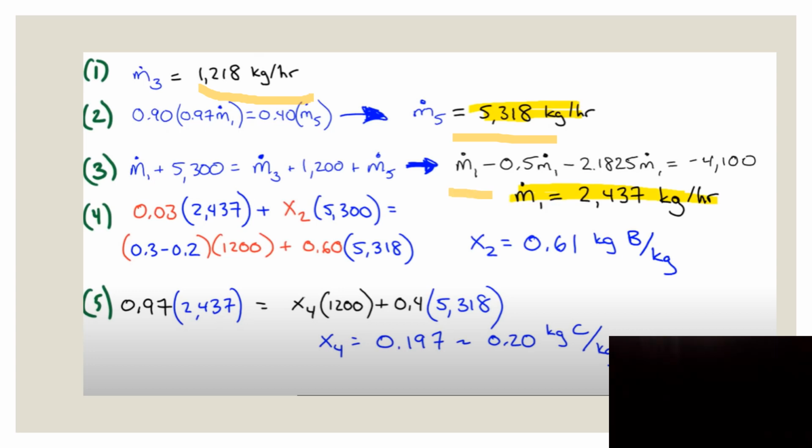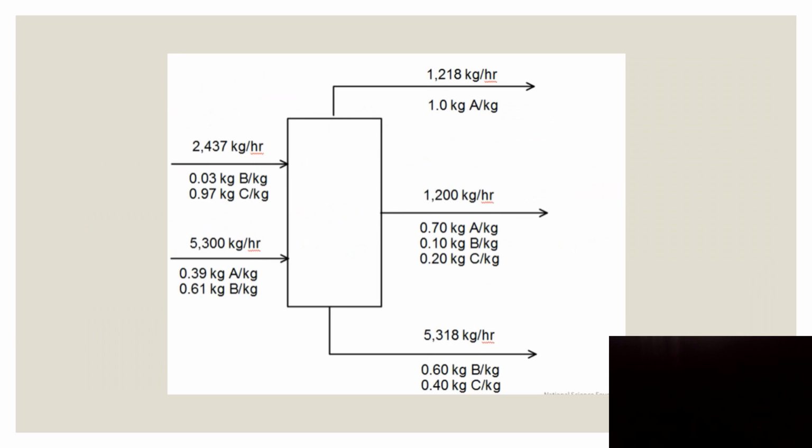So by substituting M1 into this, and then M2 into this equation, you can get X2 and so on and so forth. So this is the final answer. So at the end, you can put all the unknown values in your material balance. So this is the final answer. Okay.